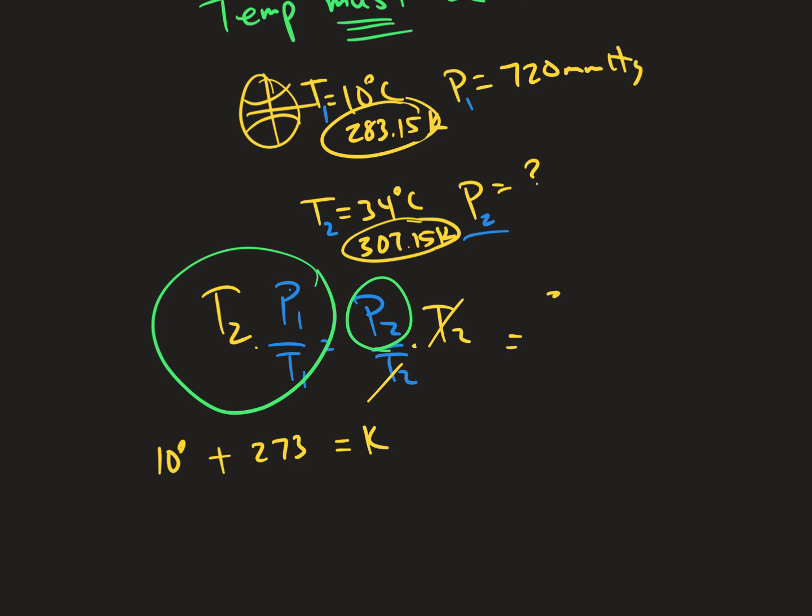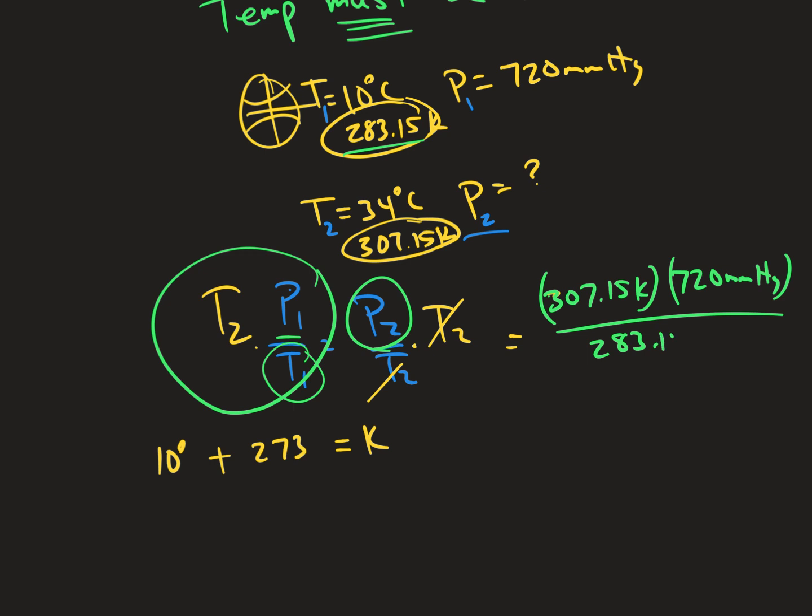So T2 is 307.15 Kelvin. P1 is 720 millimeters of mercury. And T1 is 283.15 Kelvin. So what cancels? The Kelvin. Kelvin cancels.